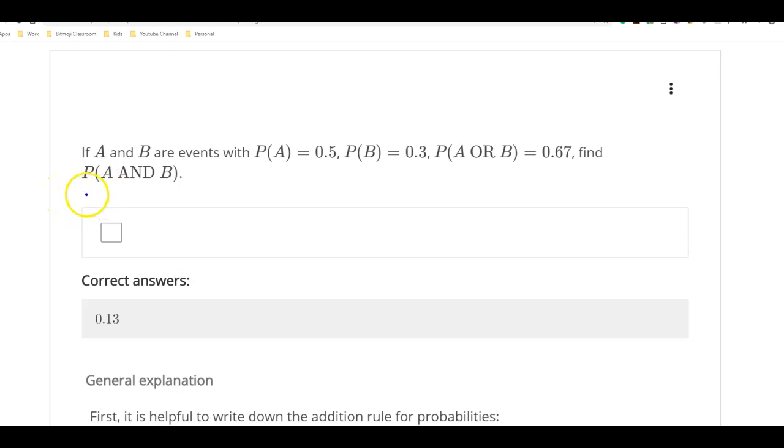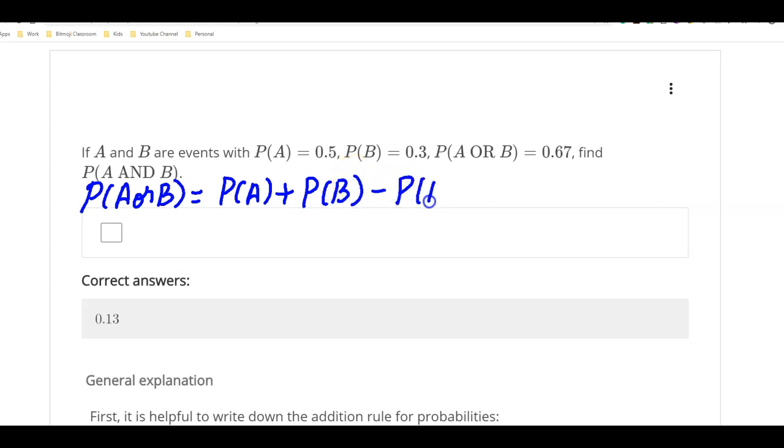So I have probability of A or B is simply probability of A plus probability of B minus probability of A and B. This is the formula we've been working with, right? So I'm going to go ahead and plug in all the information I have. Do I have A or B?